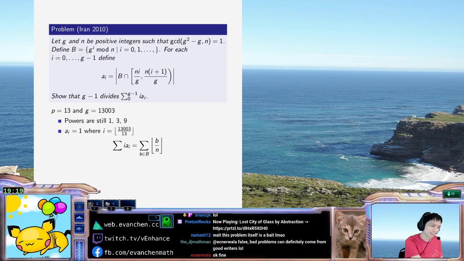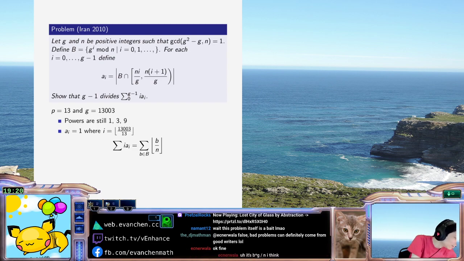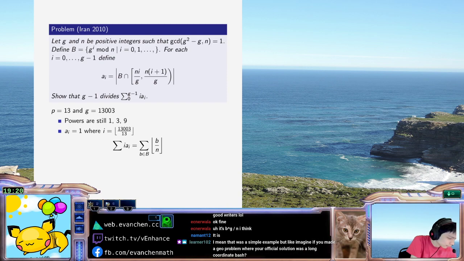I am now convinced this is the correct way to write the expression. It's B. Oh, sorry, you're right. B times G over N. So G times B. Okay.